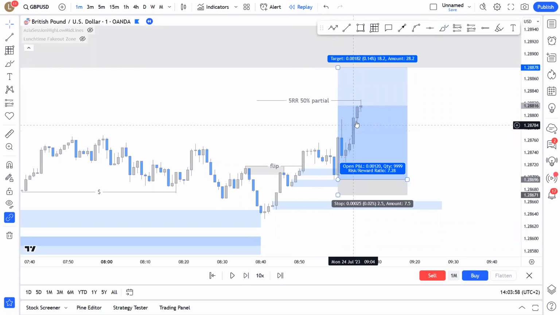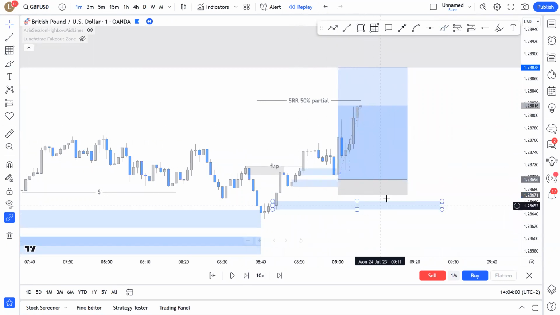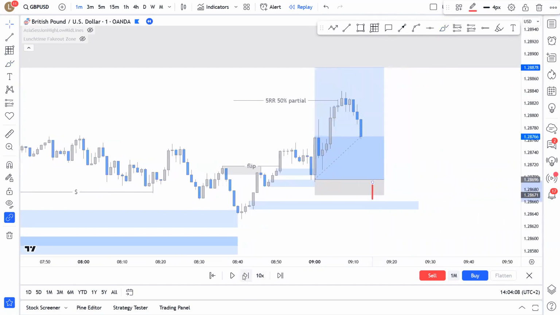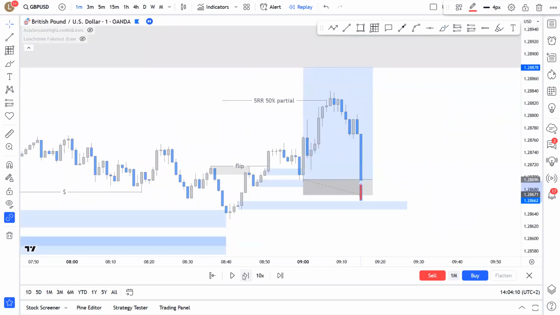At this moment, I decided to break even because news was about to release at 9:15 a.m. here. Price took my partial points perfectly. Then at the news release, it took me out at break even. Actually, there was a small slippage, because it wasn't exactly break even.